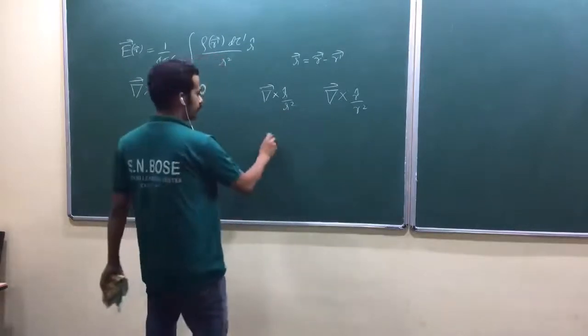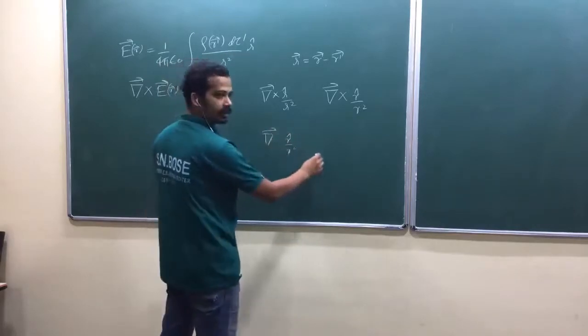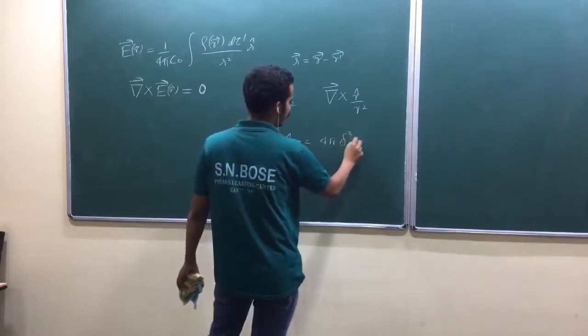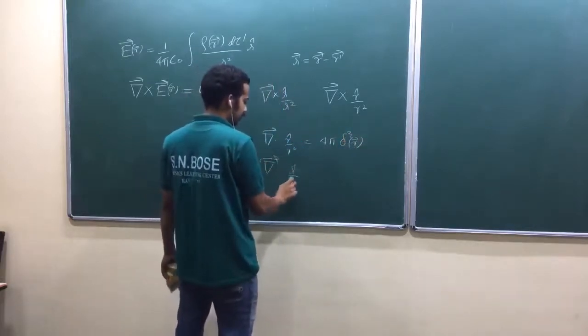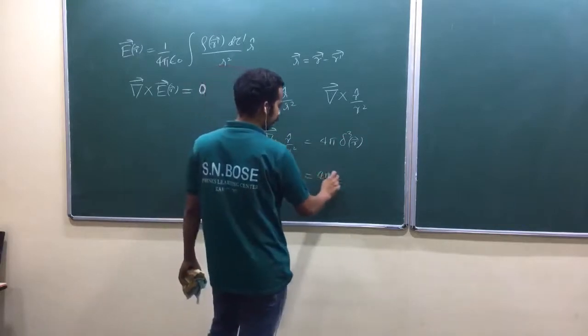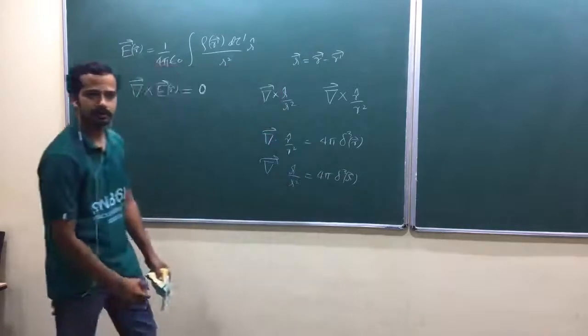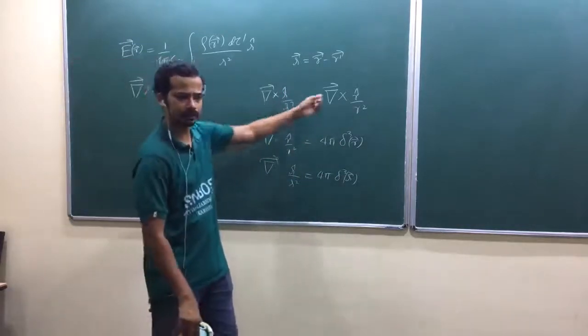Do you remember we have shown del dot r cap by r square as 4π delta cube of r, and then del dot script r cap by script r square equals 4π delta cube of script r? Like that. Once you find this one, I think if this is 0, this will be 0.